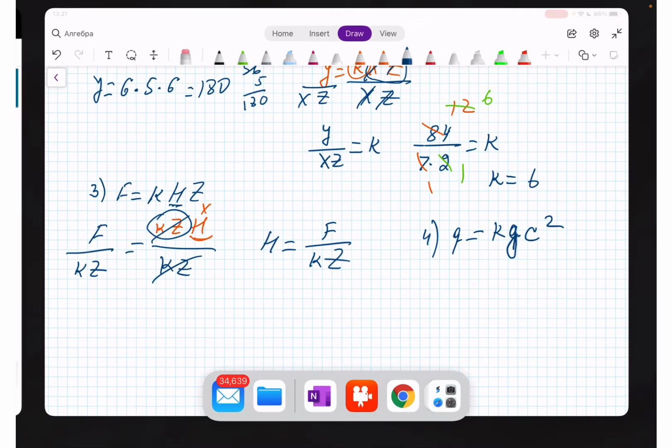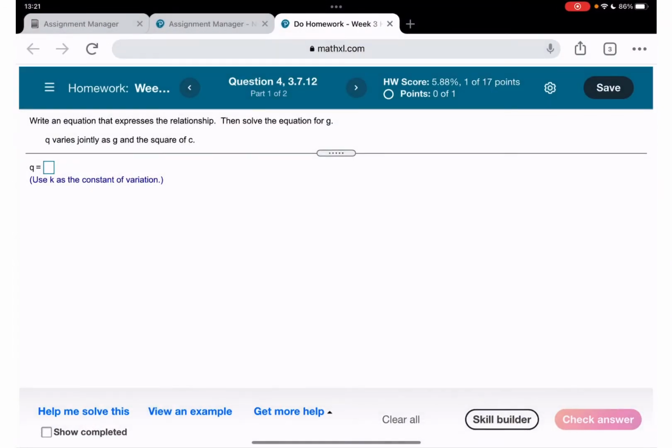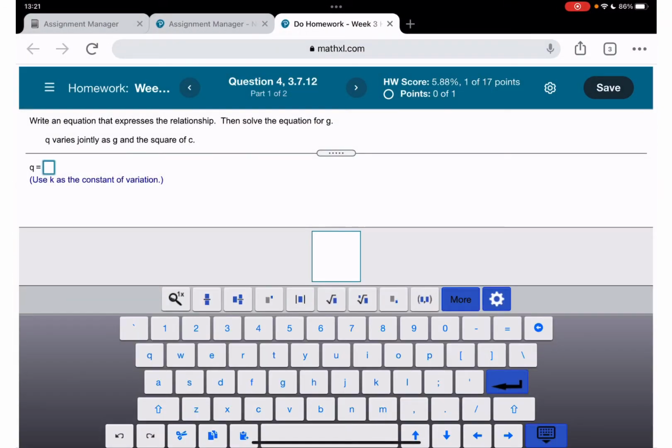Okay, let's write down. Jointly as G, so coefficient K, and then G and C squared.